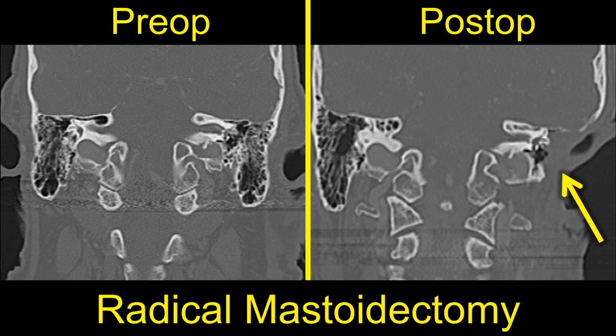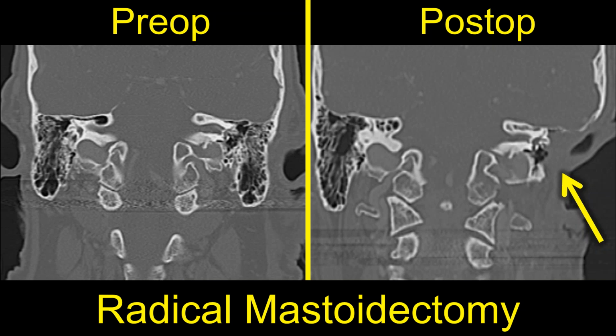And as you can imagine, comparing the operative time and the operative efforts between a canal wall up and a canal wall down, with the canal wall up mastoidectomy, the surgery may take longer and we do not have as good exposure, but we have a better EAC clearing of skin through the external auditory canal. But if we do a canal wall down mastoidectomy, then we have much better exposure, better visualization of the field. The surgery may not take as long, but we do not have as good clearance of skin through the external auditory canal.